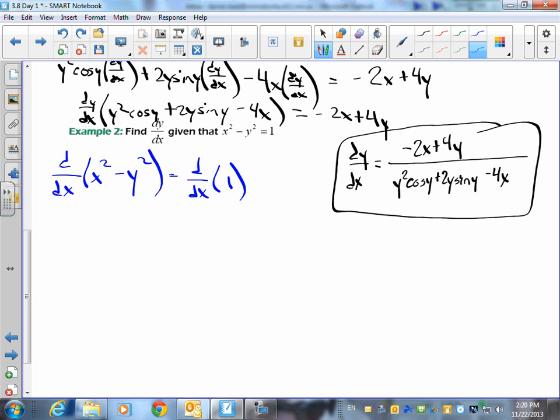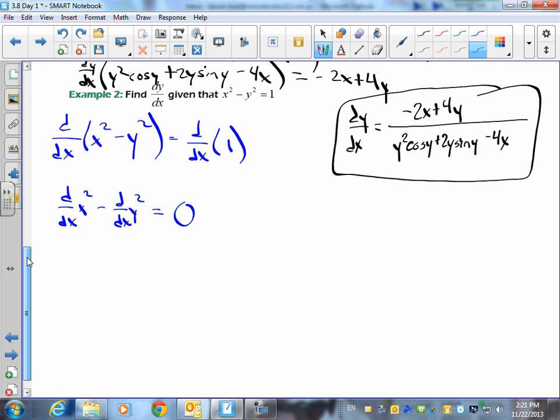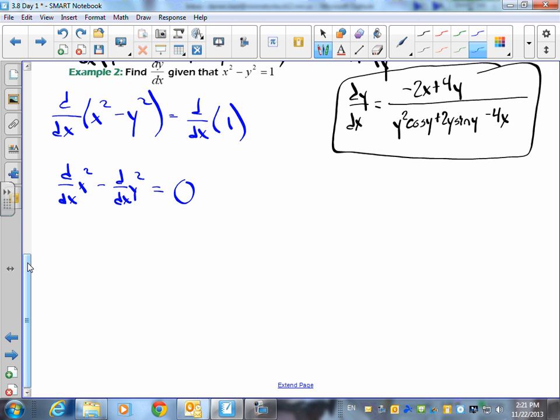I'll go one more step, and I'll do a derivative on the right-hand side. What's the derivative of 1? 0. Okay. I've applied the operator, but I haven't done any derivatives on the left-hand side yet.